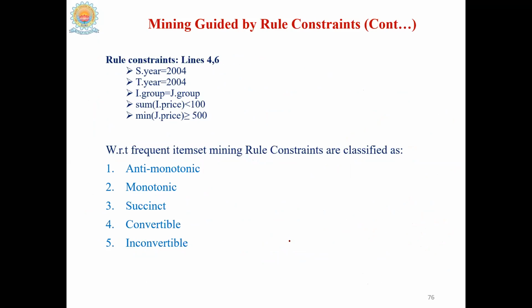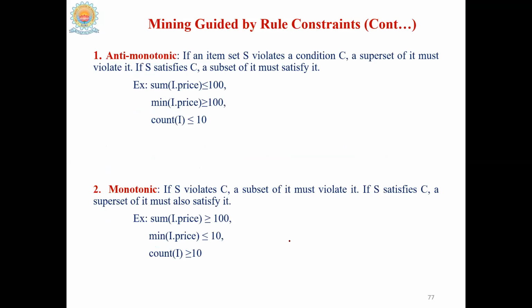So this is about the constraints. These are all the rule constraints from lines 4 and 6. Here we are having several types of rule constraints: anti-monotonic, monotonic, succinct, convertible and inconvertible. Listen carefully.